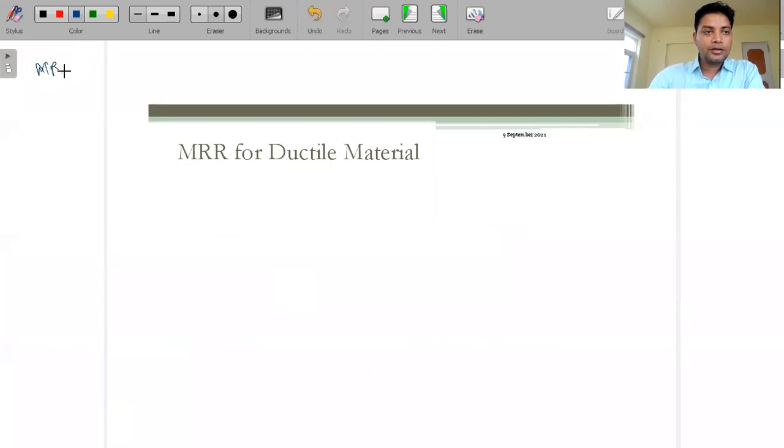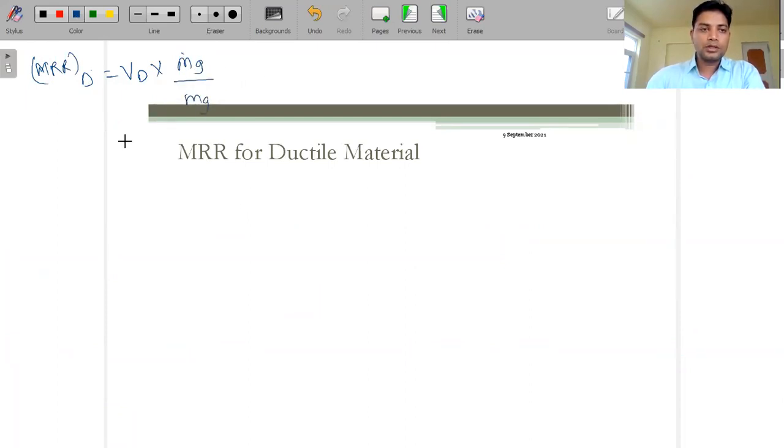material removal rate for the ductile material will be equal to, the material removal rate is the same, how much amount of the volume is removed per unit time. So this will be the volume during the ductile material, Vd, into m dot g upon mg.